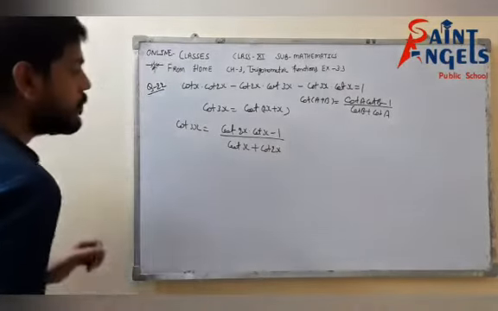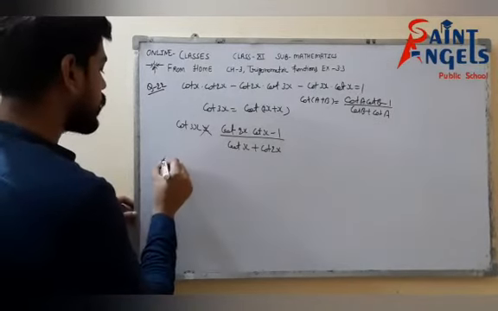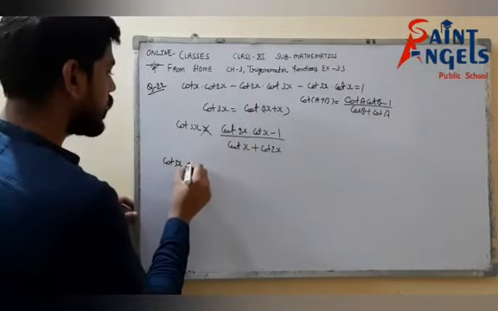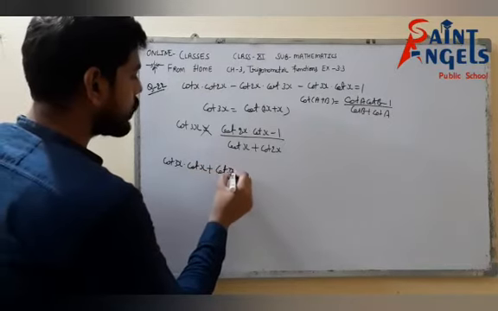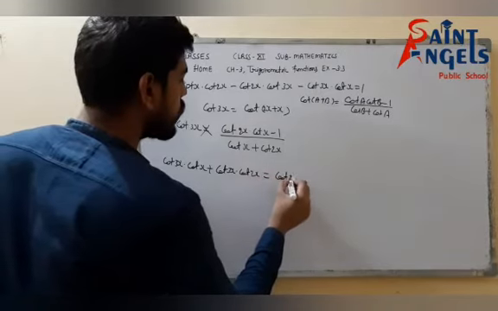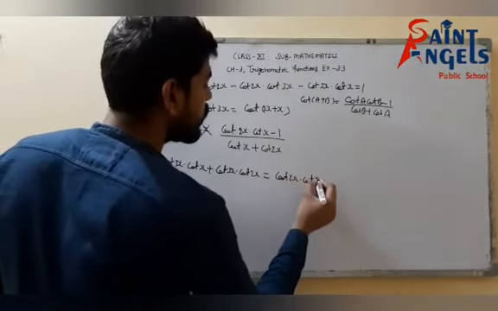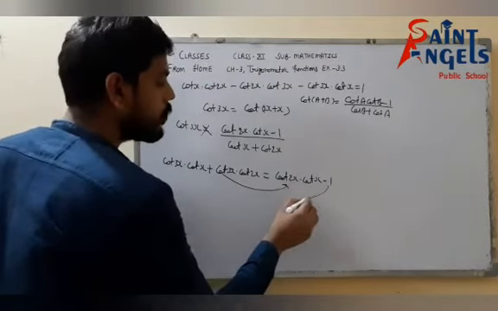Okay, now I am cross multiplying it. So that would be cot 3x into cot x plus cot 3x into cot 2x equals cot 2x into cot x minus 1. Beta, I am taking all these values over here and 1 to this side.